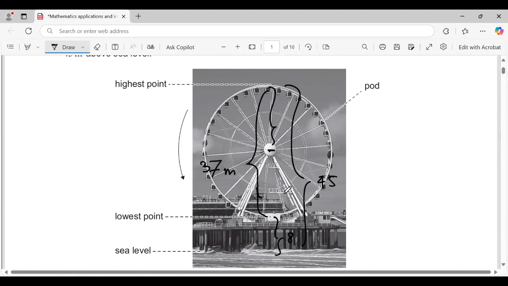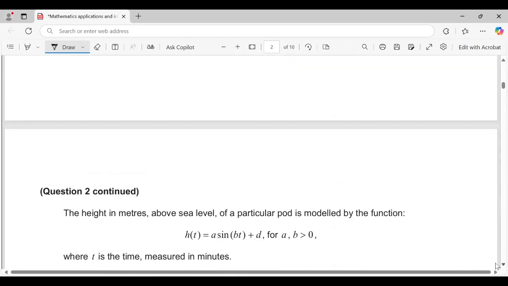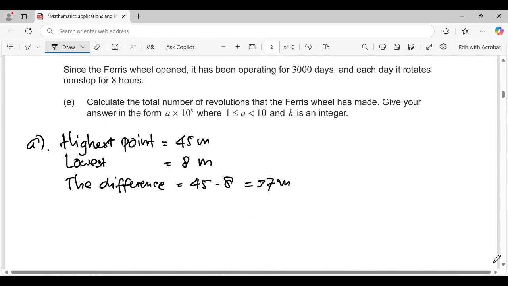So it means we can determine the radius from this point to this point. 37 divided by 2, so the radius r equals 37 divided by 2 equals 18.5 meters. This is part 1. And part 2, circumference.